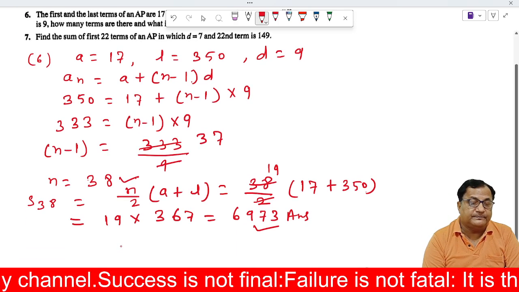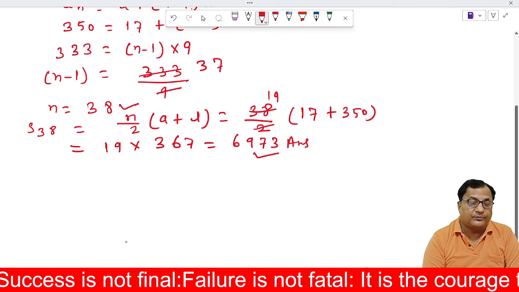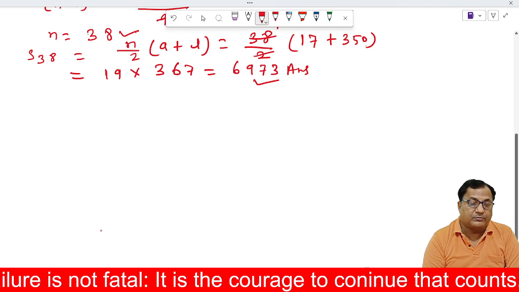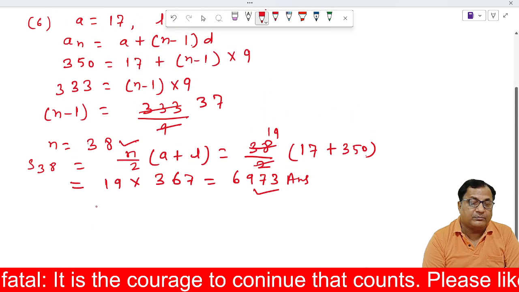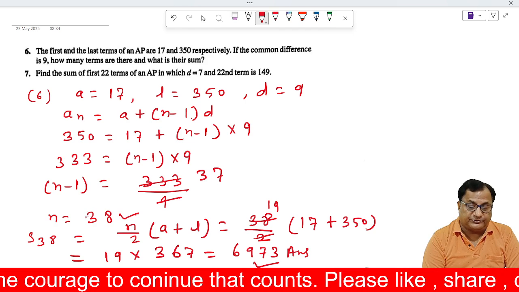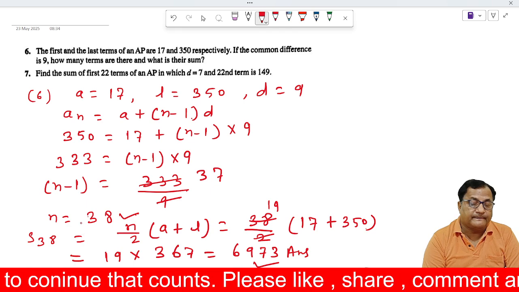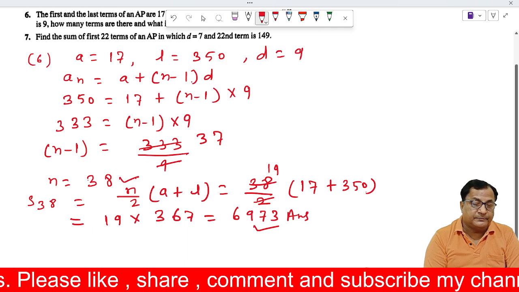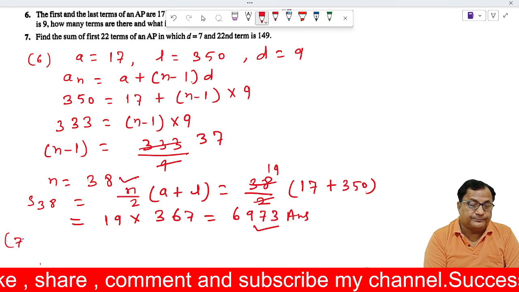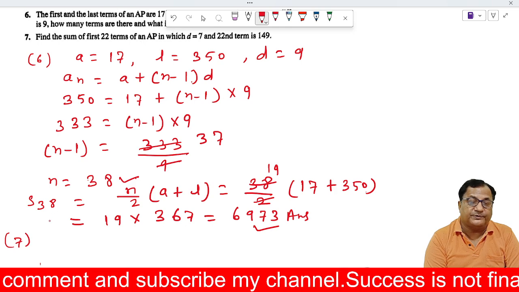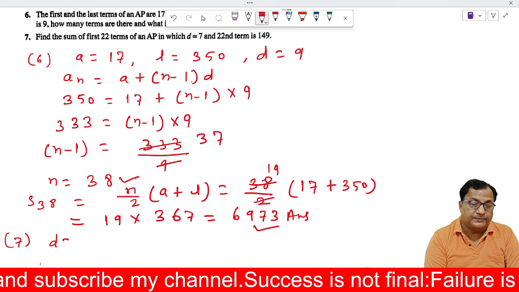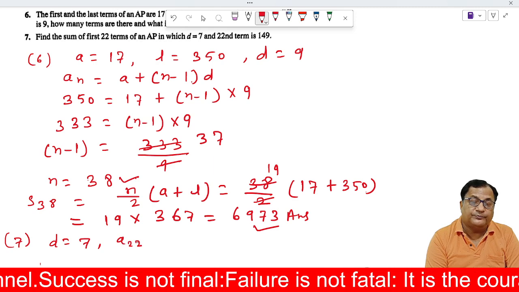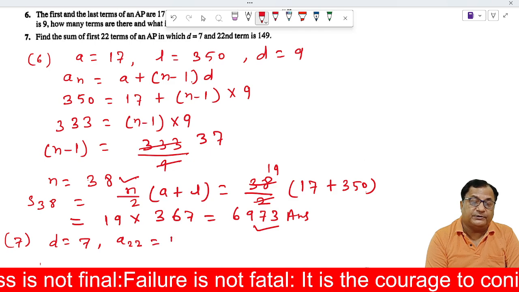Now see question number 7. Find the sum of the first 22 terms of an AP in which d is equal to 7 and the 22nd term is 149.